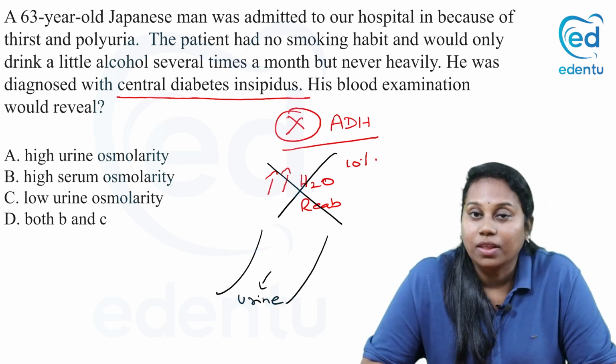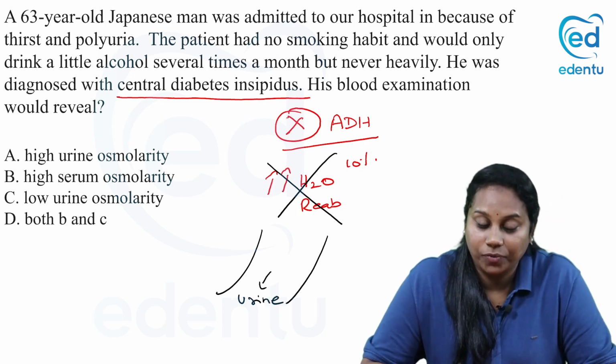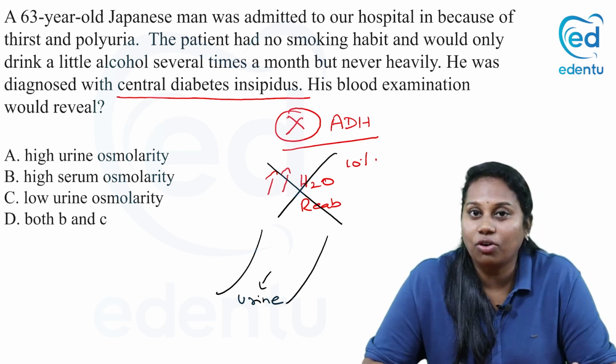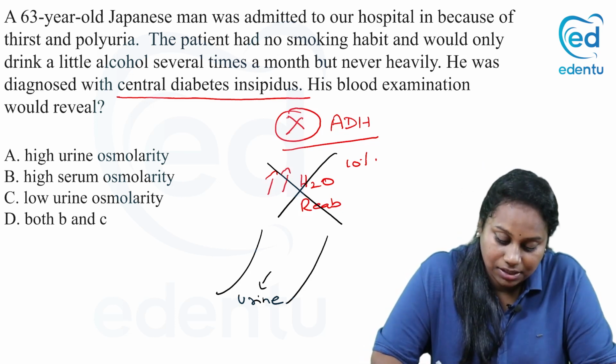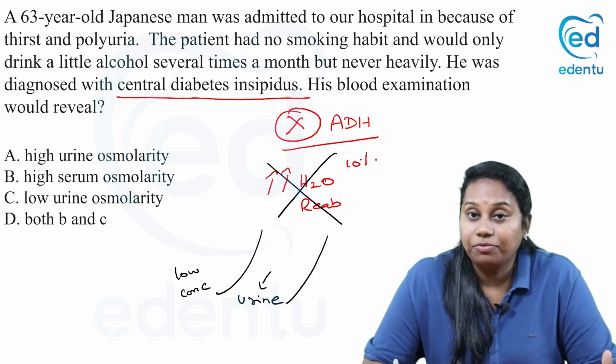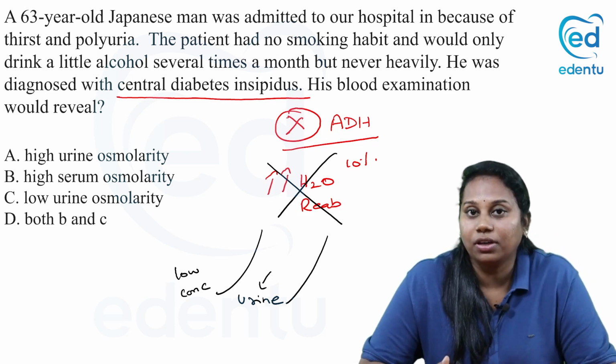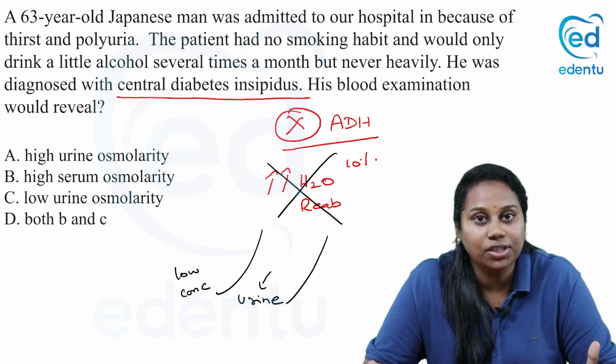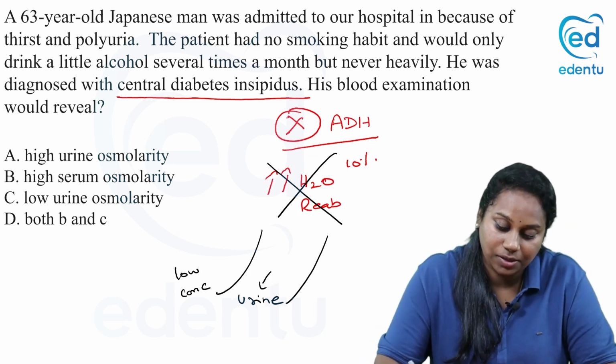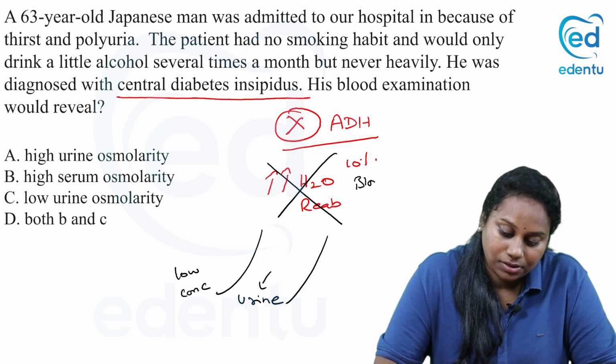So urine will become more and more watery, or I can say the concentration of the urine will decrease. So low concentration. If more and more water is going out in urine, what will happen to your blood concentration? It will slowly rise. So blood concentration becomes high.